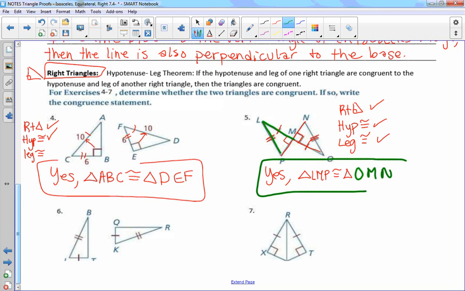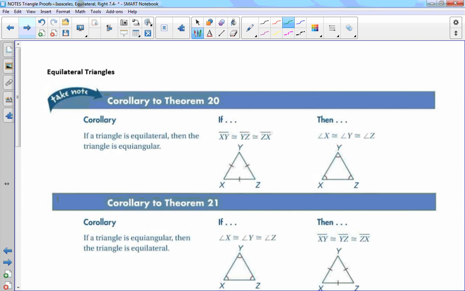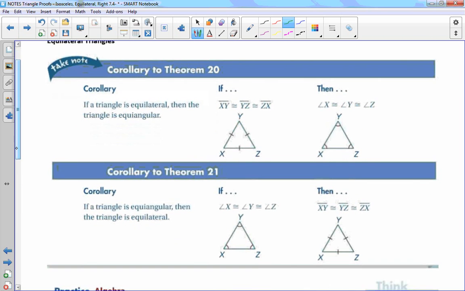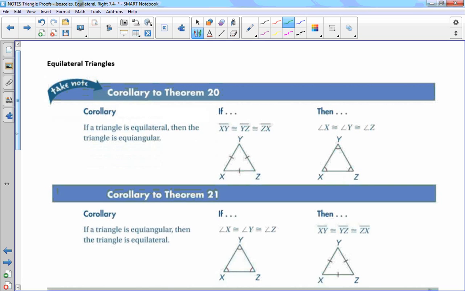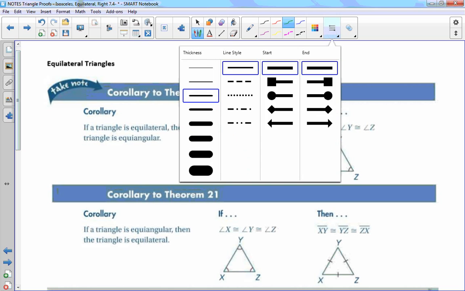Okay, flip it over. Let's look at the, I think it's equilateral. These ones, you probably already know these theorems. Equilateral means what special property does the triangle have to have? All equal sides.